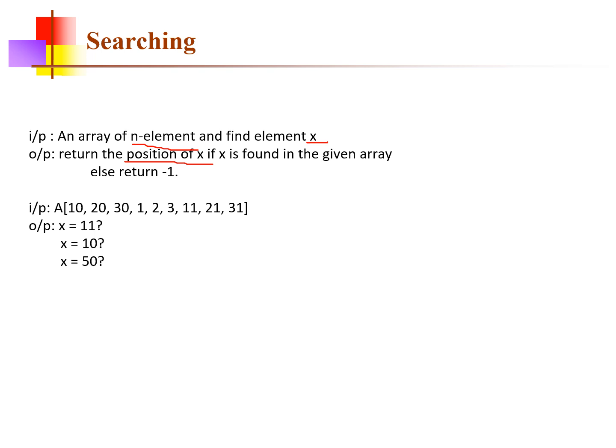So here, if you just want to write down the index positions, this one is 0, 1, 2, 3, 4, 5, 6, 7 and 8. So you want to search 11. So the data I want to search is 11.